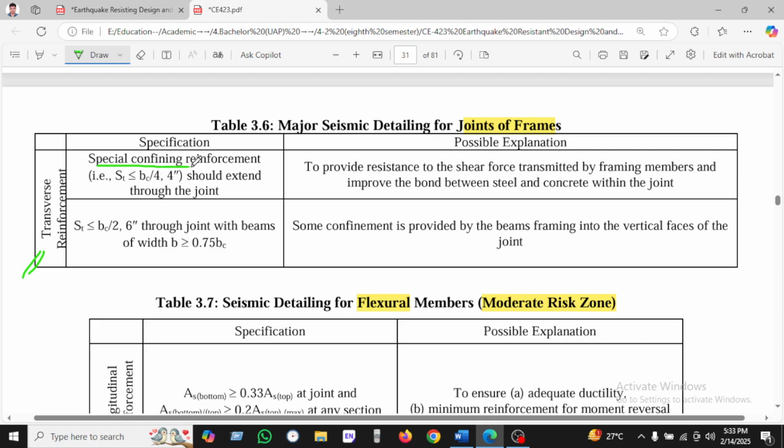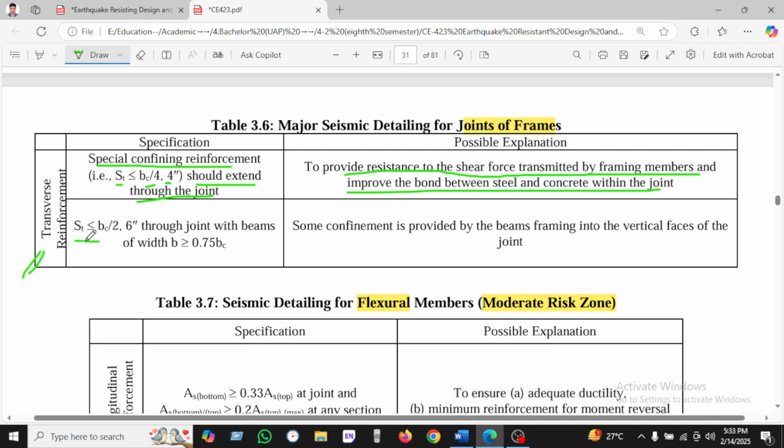The special confinement reinforcement: the spacing will be less than b divided by 4 or 4 inches, and should extend through the joint. The explanation: to provide resistance to the shear force transmitted by frame members and improve the bond between steel and concrete within the joint.